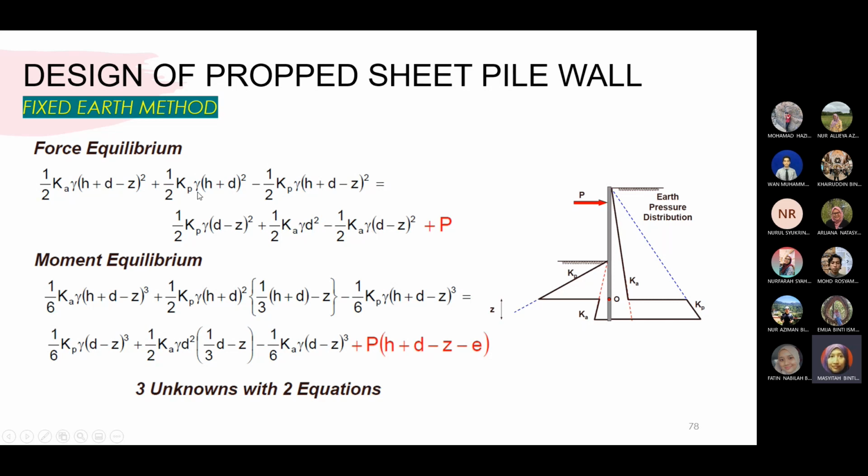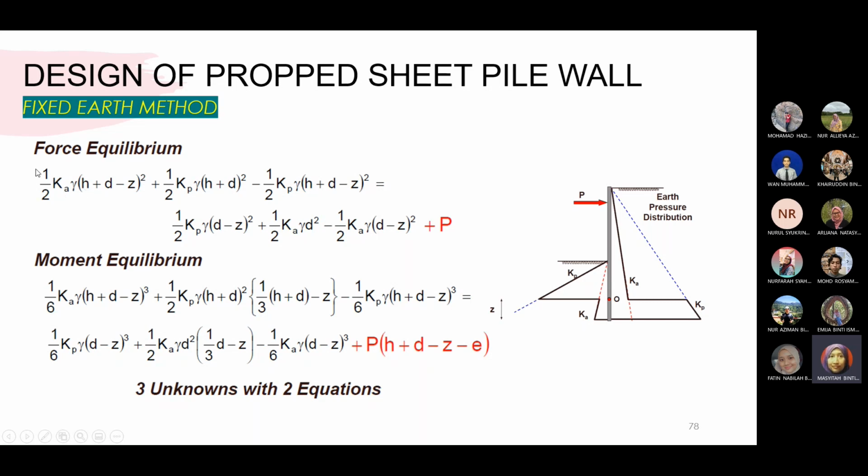So for example, kalau from the beginning we have the half, so as I said lah, it's the area of the diagram kan, setengah darab dengan KA gamma darab dengan, this actually is the effective depth dia. So gamma darab dengan effective depth is the vertical stress darab dengan coefficient of lateral pressure, dia akan bagi you active earth pressure.